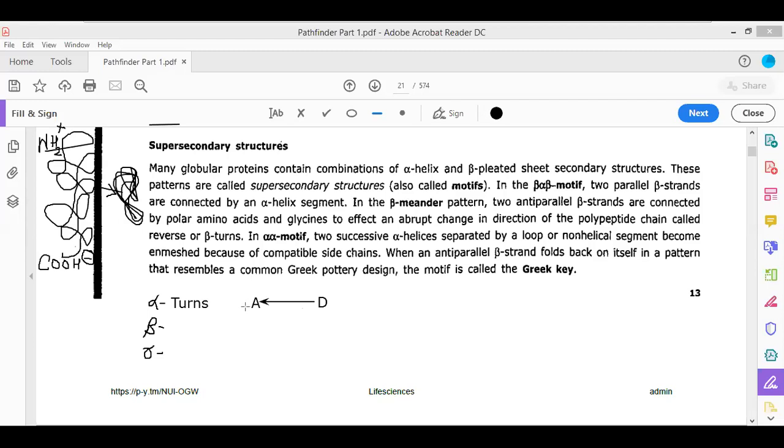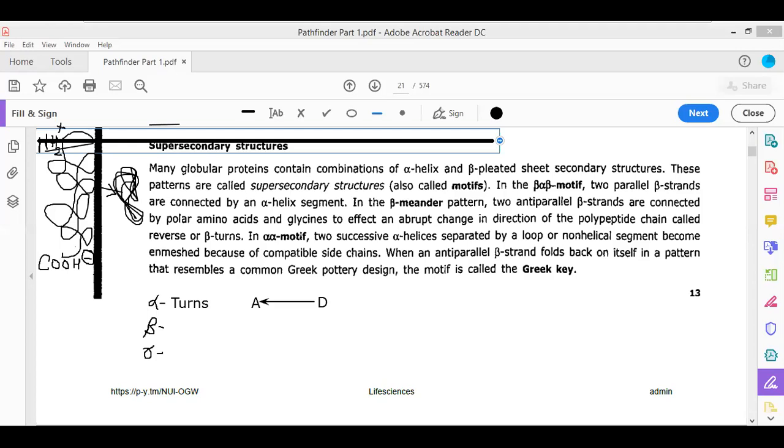There are four amino acid residues A, B, C, D, and there is a hydrogen bond between A and D. Now, how to make you all understand this particular point, which tool should I take?